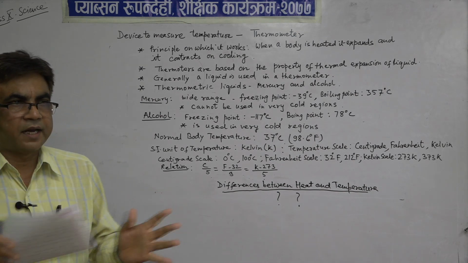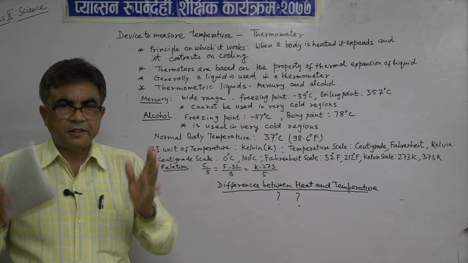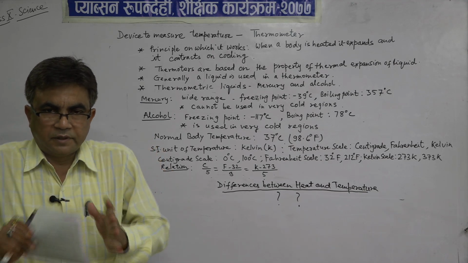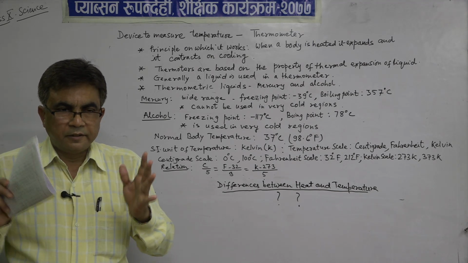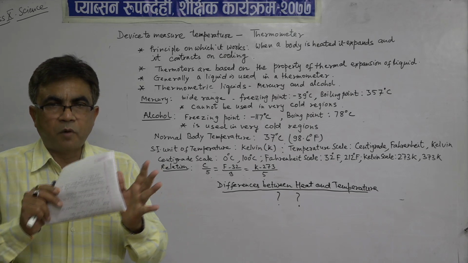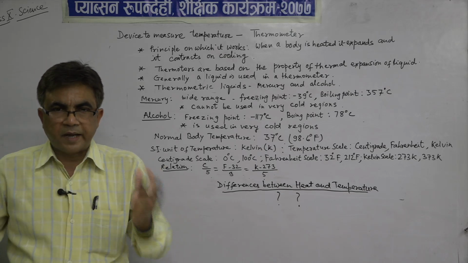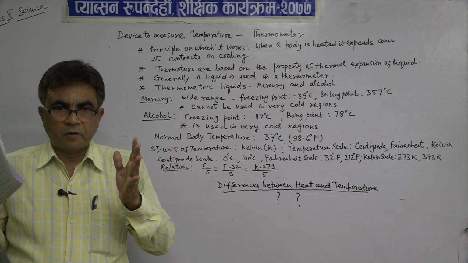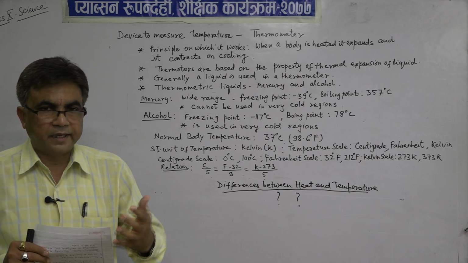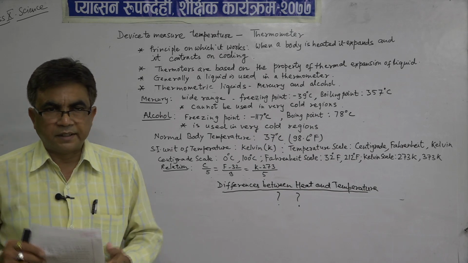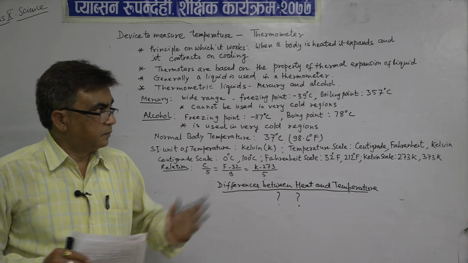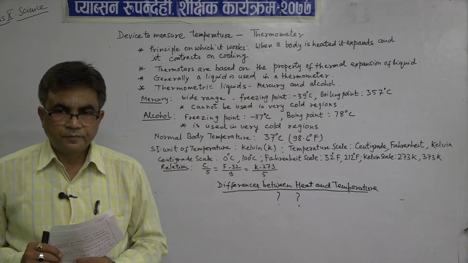Is it clear? So if you are asked on which principle a thermometer works, the answer is very simple. It works on the principle that whenever a body is heated it expands, and whenever the body is cooled it contracts. Or you can simply say liquid thermometers work on the principle of thermal expansion of liquids.